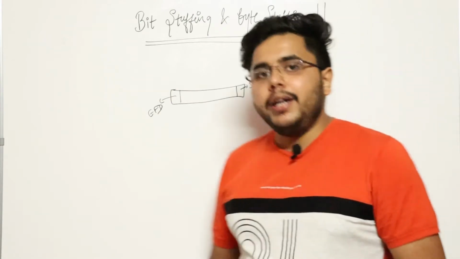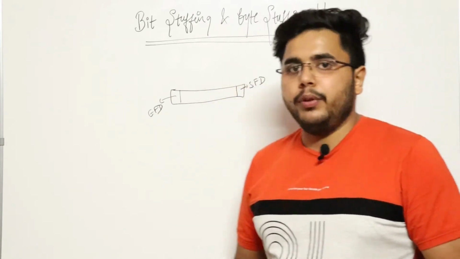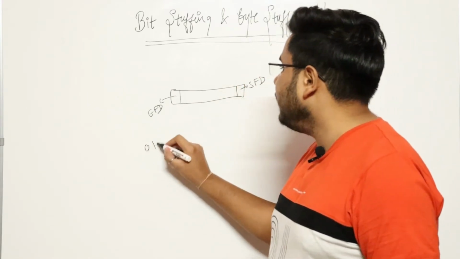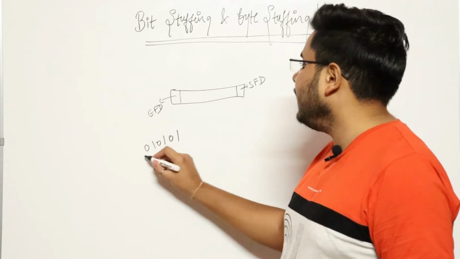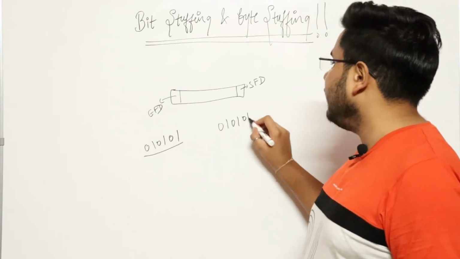But when we talk about EFD, there are certain problems. Suppose our EFD is like this, 0 1 0 1 0 1, and our data is also like 0 1 0 1 0 1.